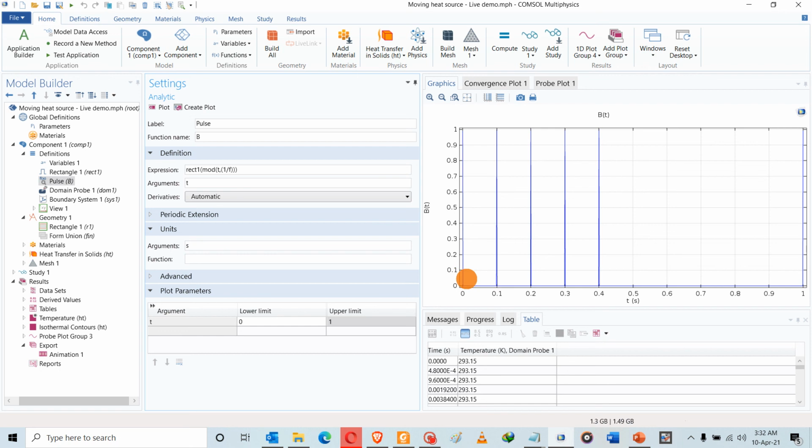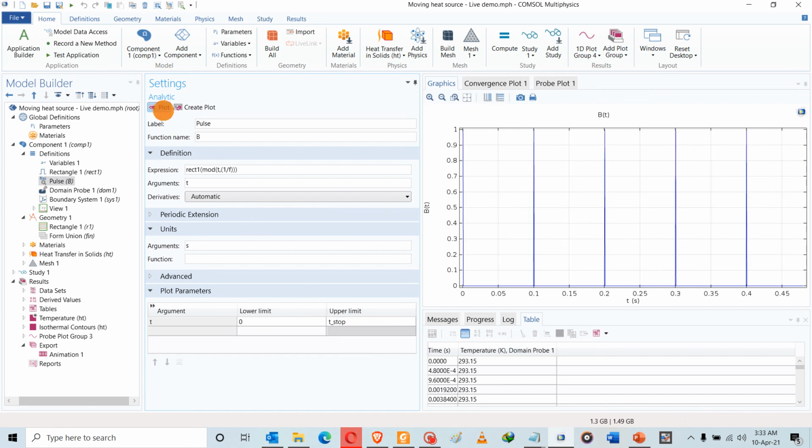See that there's a lot of pulses here that are incident on the surface. So what we want is to have them stopping at t stop. Right, so we are going to have how many pulses? 1, 2, 3, 4, 5, at least 5 or 6 pulses on the surface.